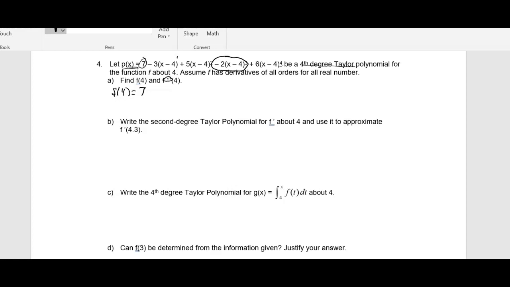Think about our Taylor series formula: we would have had our third derivative value at 4, then x minus 4 to the third power, and then that should have been divided by a 3 factorial. That's the basic general form for a Taylor polynomial if we're centered at 4.